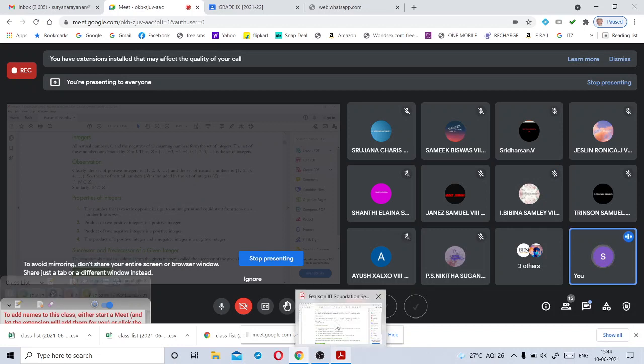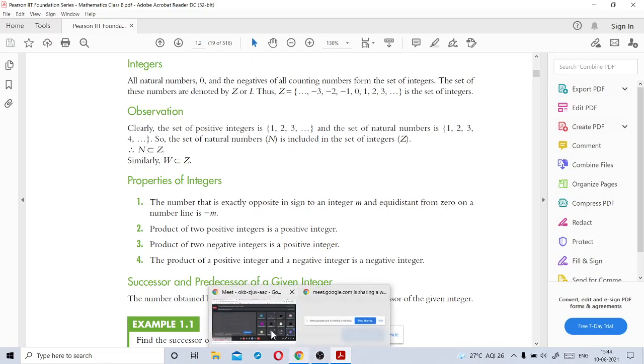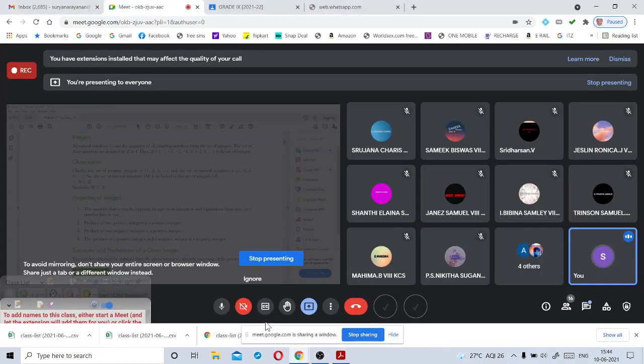Next, come to the point. The product of two positive integers is a positive integer. Product of two positive integers means plus into plus. What we get? Plus into plus is plus, sir. Yes. It is nothing but the product of two positive numbers gives a positive number.